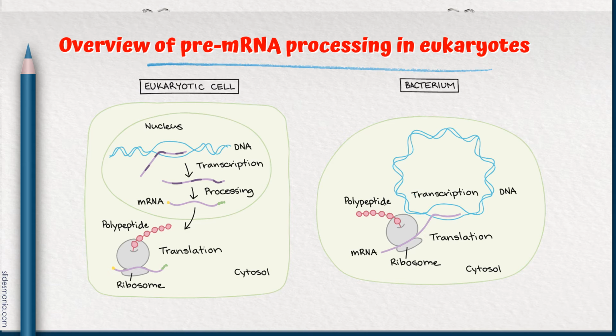And then third is the chopping out of introns, or the junk sequences, and pasting together of the remaining or good sequences, the so-called exons. Once it completes these steps, the RNA is a mature mRNA. It can travel out of the nucleus and be used to make a protein.